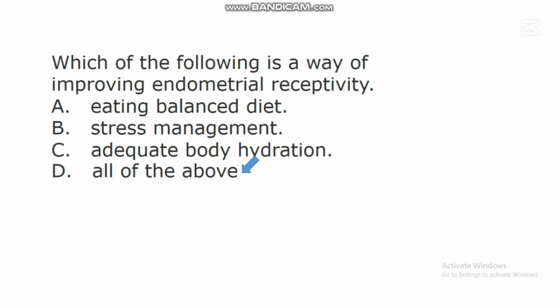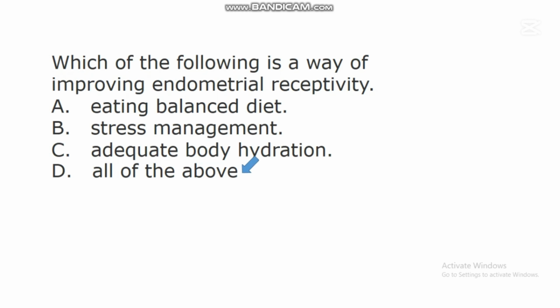One of these ways is by eating balanced diet. Balanced diet helps the endometrium to function very well. The cells of the endometrium need different nutrients such as protein and other nutrients from food for them to enhance different metabolic activities. So when the endometrium gets nutrients, they will function very effectively.